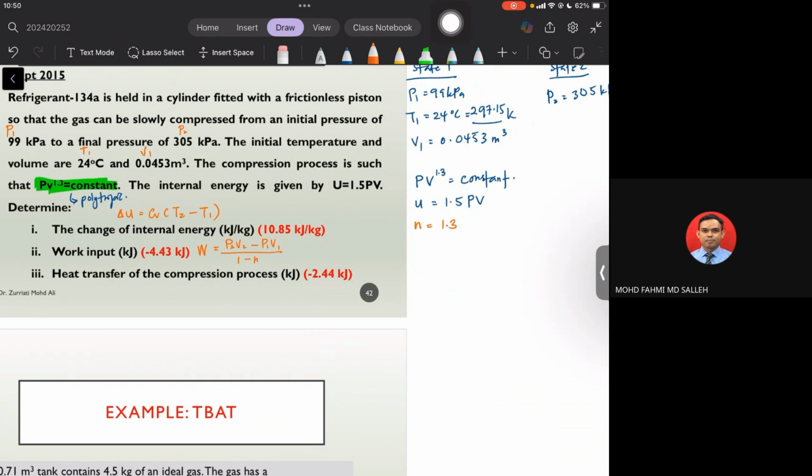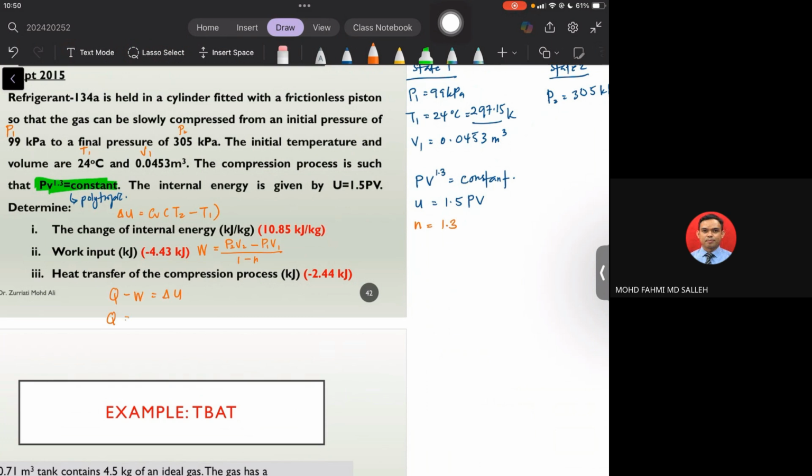Alright, so the last one that they require you to determine is the heat transfer for the compression process. So the heat transfer of the compression process will be given by, from the NFE, non-flow energy equation that I always told you guys, Q minus W equal to changes in the internal energy.